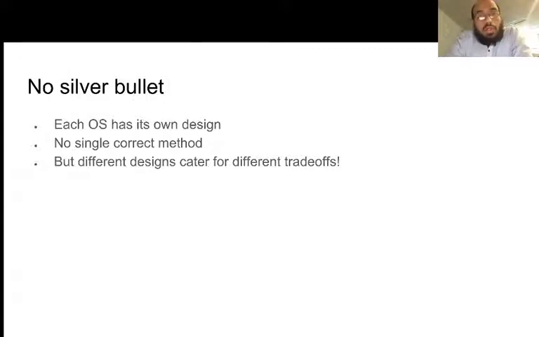There is no single correct method. You cannot say that Linux is always better than Windows, or Windows is always better than Linux. Each one of them has its own trade-offs, with different design decisions that cater for different needs, and basically you pick what you need.